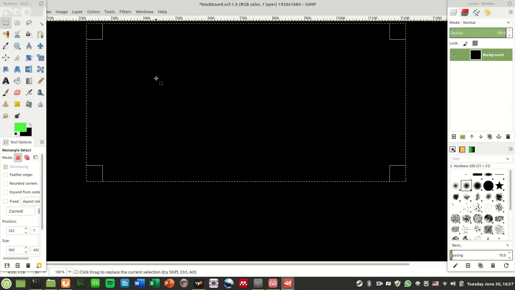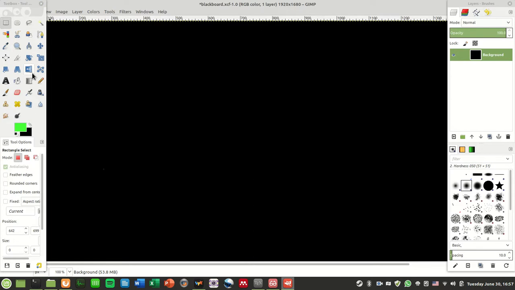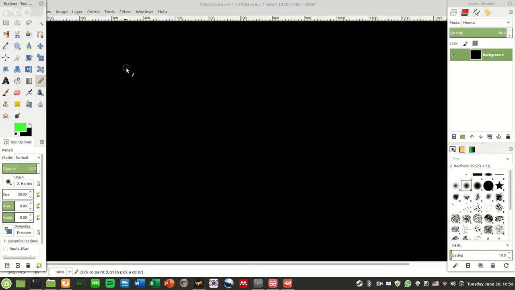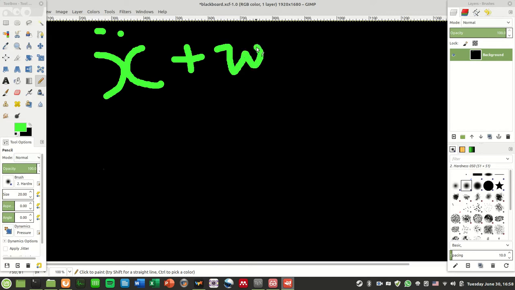Picture yourself having simple harmonic motion, and the equation of choice is x double dot plus omega squared x equals 0. Now this is the equation of simple harmonic motion.